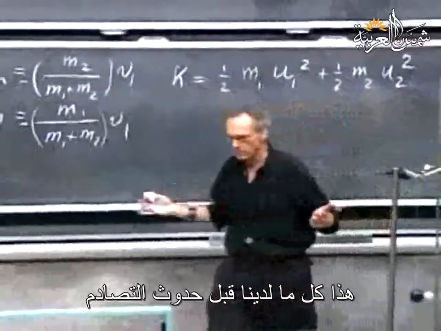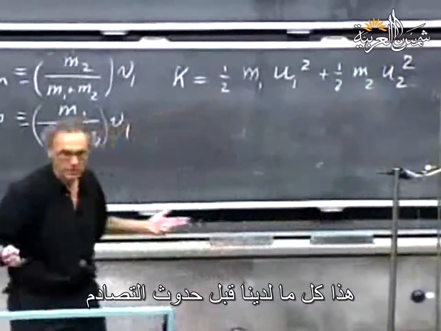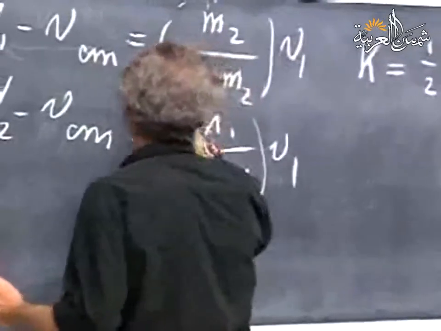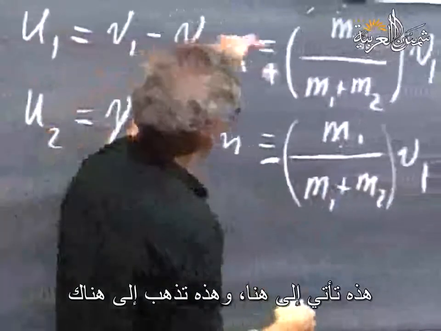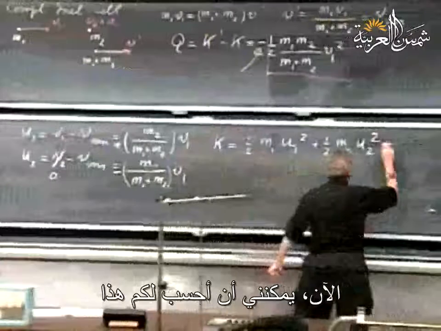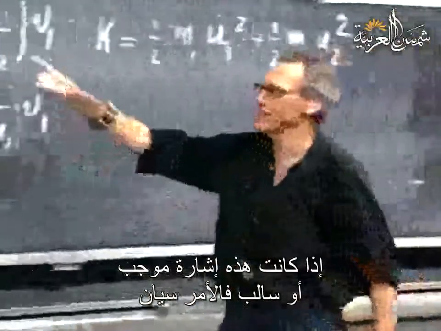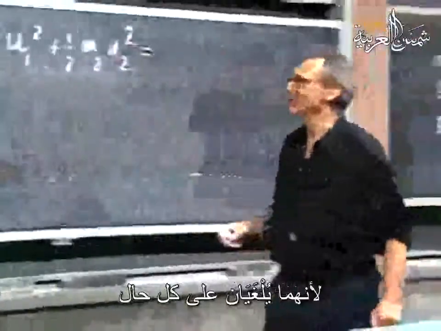That's all we have before the collision occurs. Oh, by the way, this is not a minus. This is a plus sign, and this is a minus sign. This one comes this way, and this one goes in that way. Now, I can calculate that for you. You know U1 and you know U2. Whether the plus or minus sign makes no difference because they cancel anyhow.